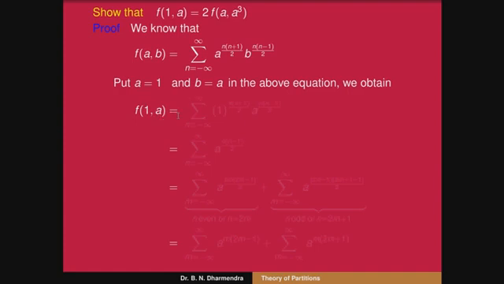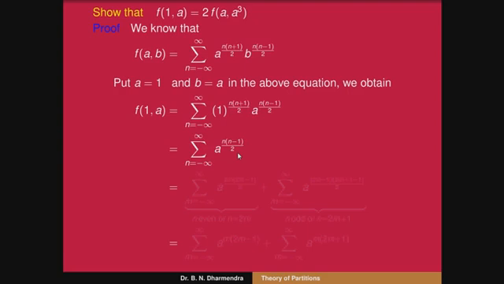That is equal to n running from minus infinity to plus infinity of 1 to the power of n(n+1)/2 into a to the power of n(n-1)/2. Here 1 to the power of n(n+1)/2 is just 1. So the remaining term is a to the power of n(n-1)/2, that is, the summation n running from minus infinity to plus infinity of a to the power of n(n-1)/2.